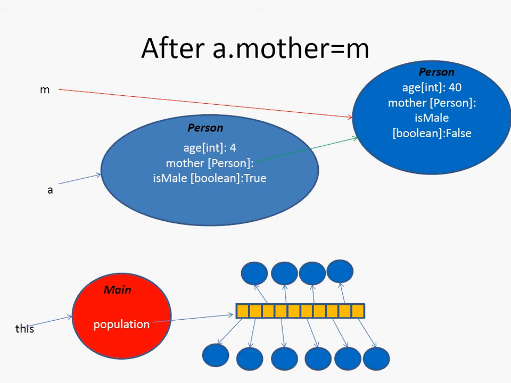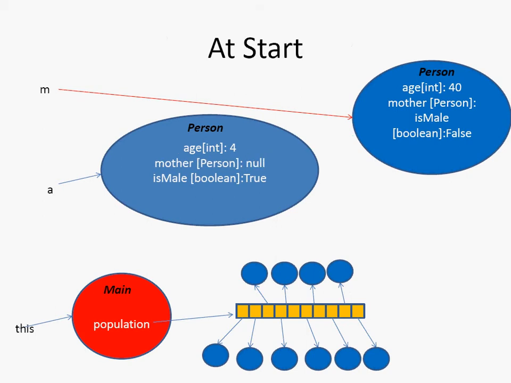Okay, now watch this. If I said A dot mother equals M, you'll notice A, whoever this person is, I think I said it was Mary. No, it was John. This is Mary. So call it Albert and Mary. A for Albert, M for Mary. If you said A dot mother equals M, this right now is null. It's not pointing to anything. It can refer to a person, but it's no particular person.